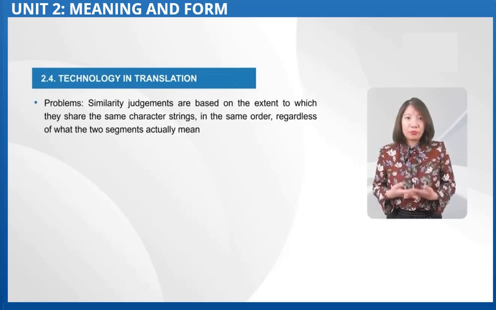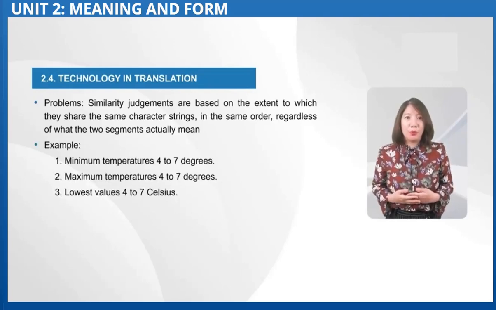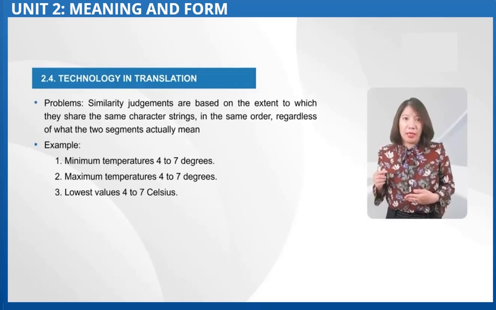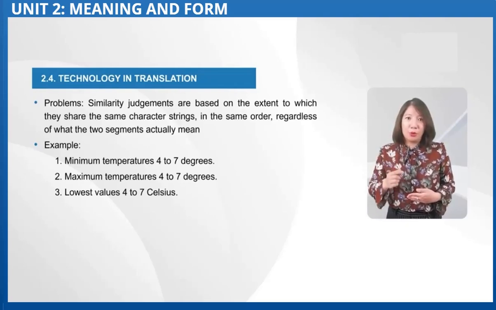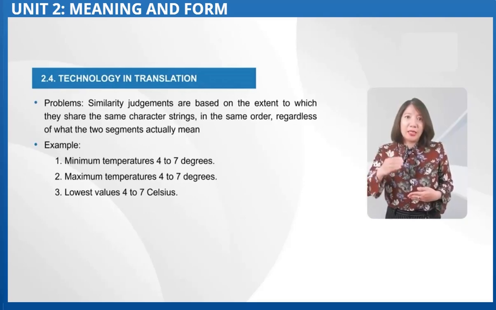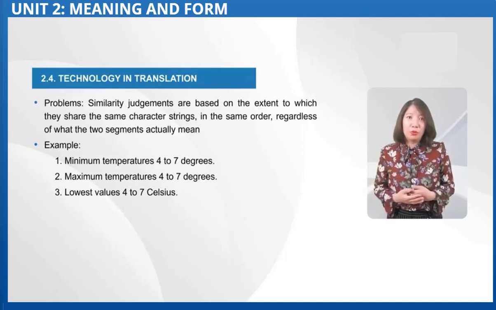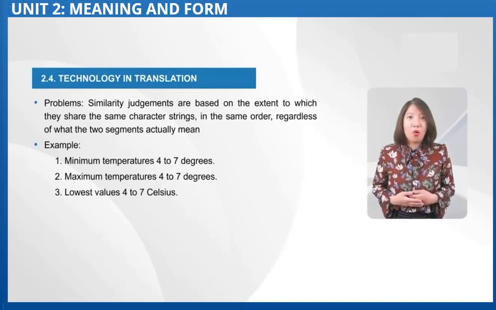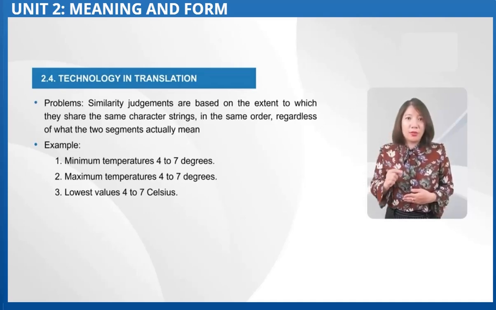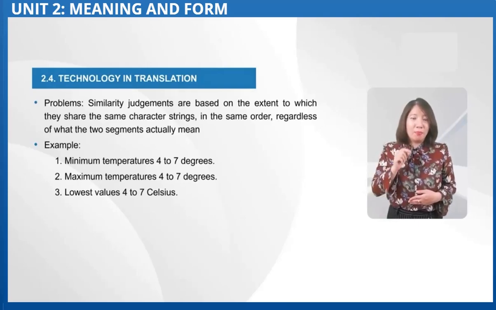So let's look at the example. The sentences here, minimum temperatures 4 to 7 degrees and the maximum temperatures 4 to 7 degrees, could be identified as similar or full match because they are quite similar in the characters and order, and the only part which is different is the word maximum and minimum.